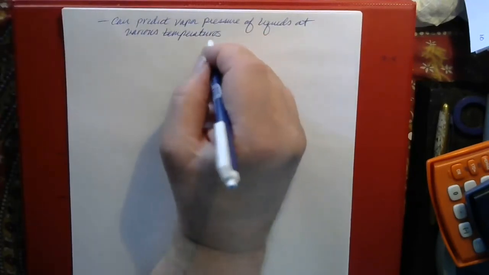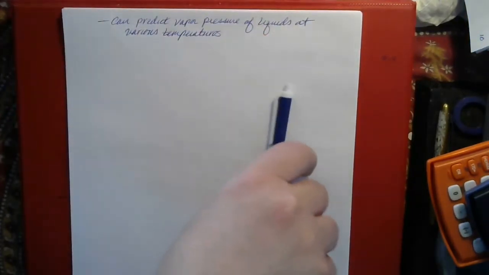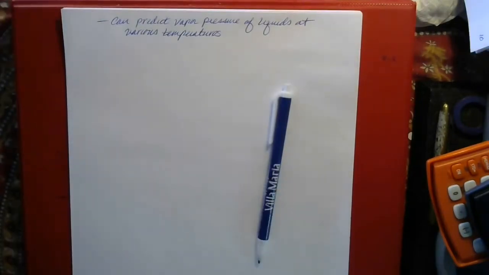It is possible to predict vapor pressures of liquids at various temperatures, but it's not always easy because the vapor pressure does increase with temperature, but the relationship is not linear.